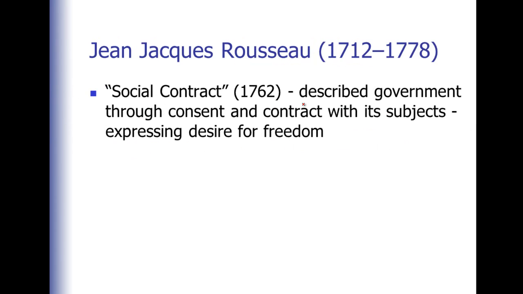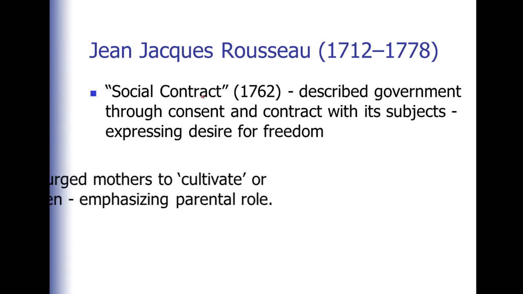And then Rousseau. Rousseau again is a 17th century guy. He was for this social contract. Described government through consent and contract with its subject expressing desire for freedom. What does that mean? Very interesting thing here.